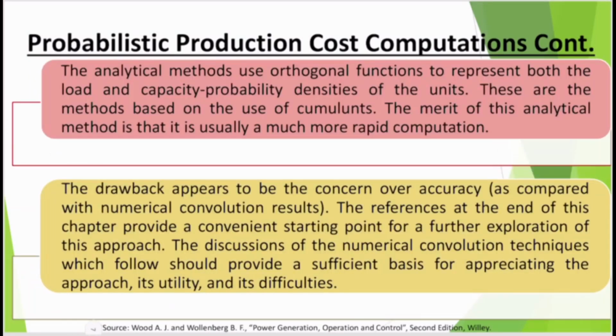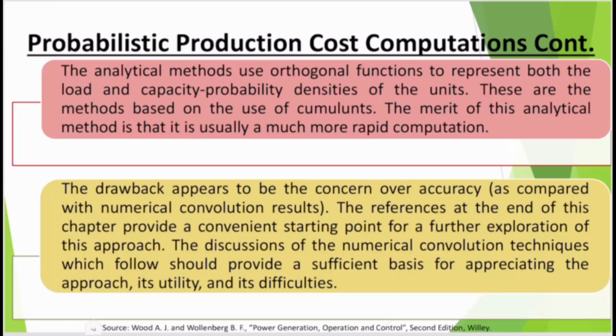The analytical methods use orthogonal functions to represent both the load and capacity probability densities of the units. So there are two major variables, units and loads. These are the methods based on the use of cumulants. The merit of this analytical method is that it is usually a much more rapid computation.